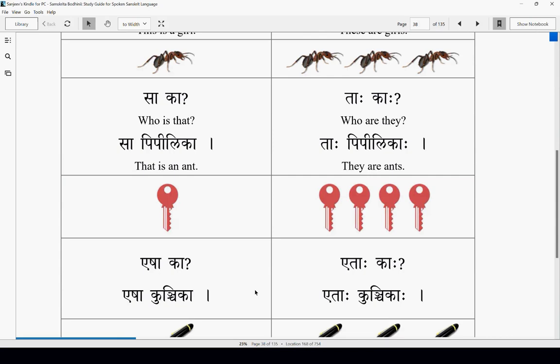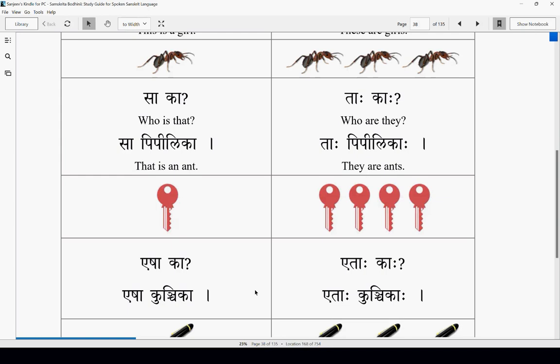Lata is twig, creeper. So in the Bahuvachanam it becomes Lata. And then Vidya is there, and then the Shala.